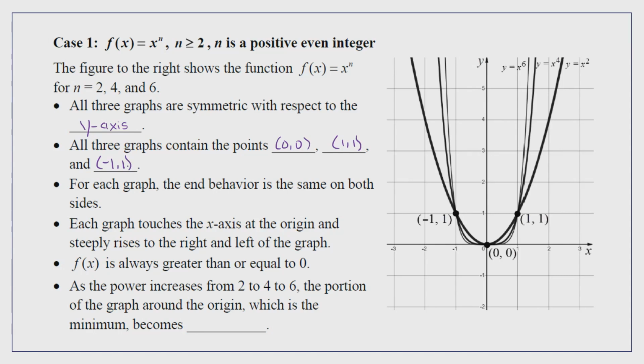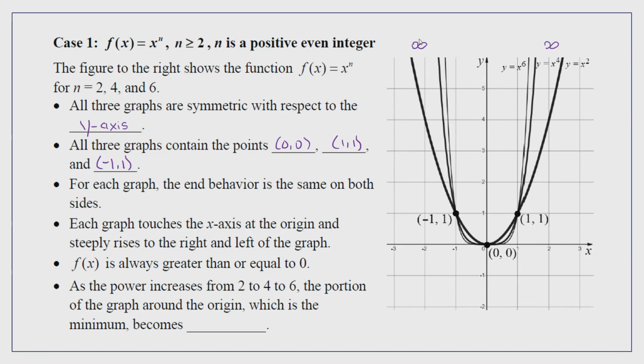For each graph, the end behavior is the same on both sides. So that means both sides of the graph are either going to infinity or negative infinity in the same direction, whether x is going to infinity or negative infinity.